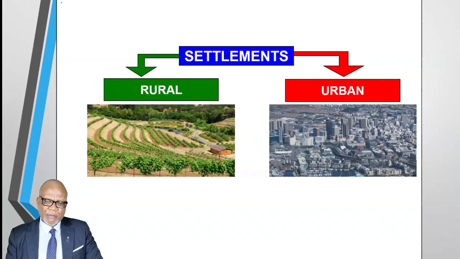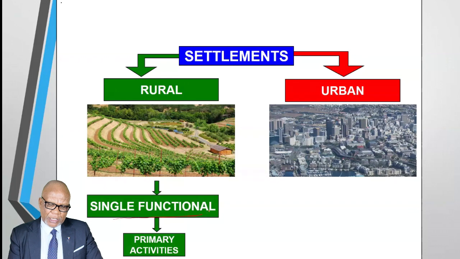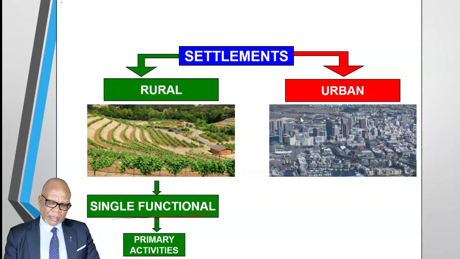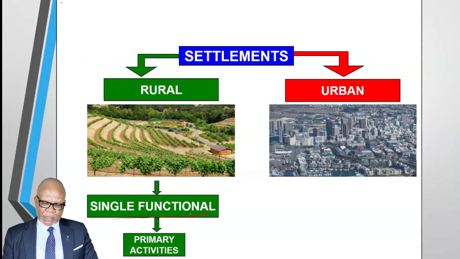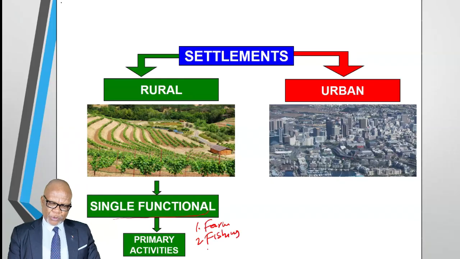What do we mean when we say a settlement is rural? You mean a settlement is single functional. It means it has one dominant economic activity. It's rural, one dominant, single functional. The people here are either doing farming, fishing, forestry, or mining.